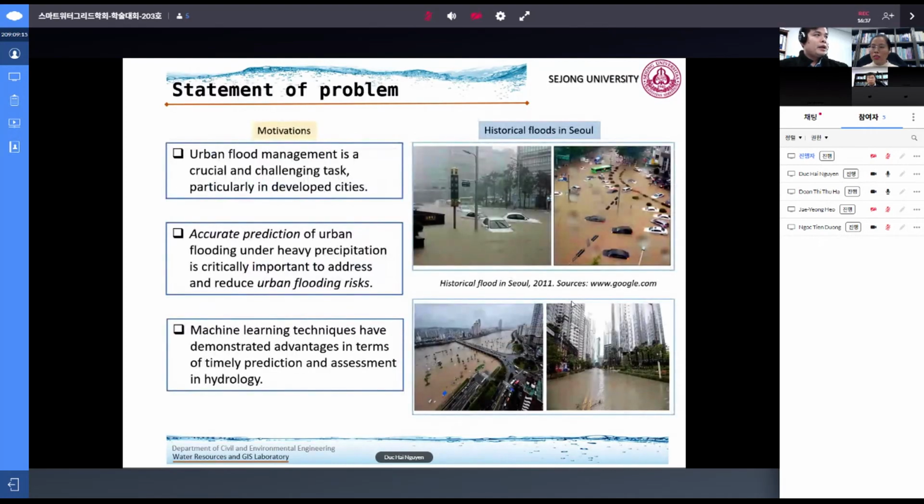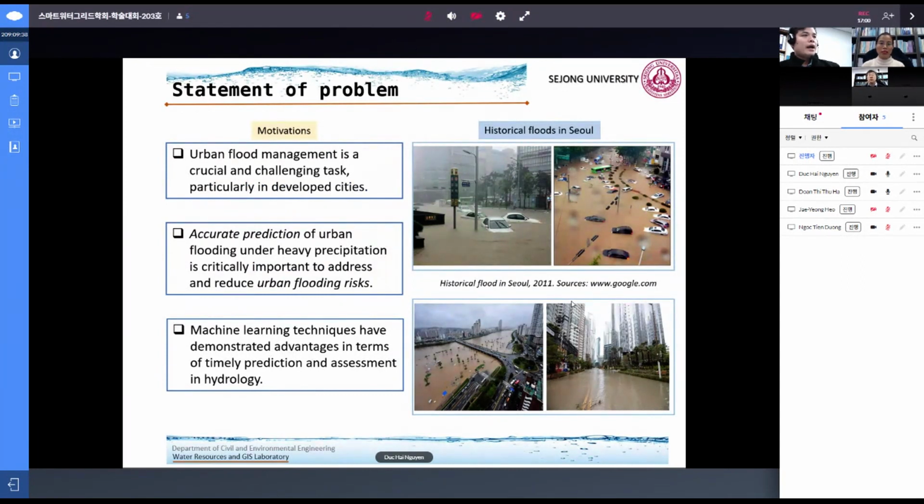The first section is the statement of the problem. As we know, urban flood management is a crucial and challenging task, particularly in developed cities.